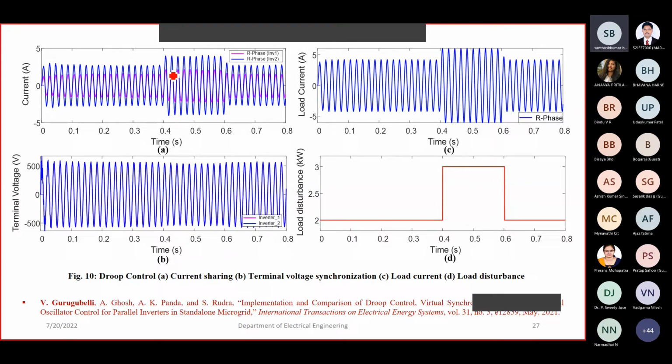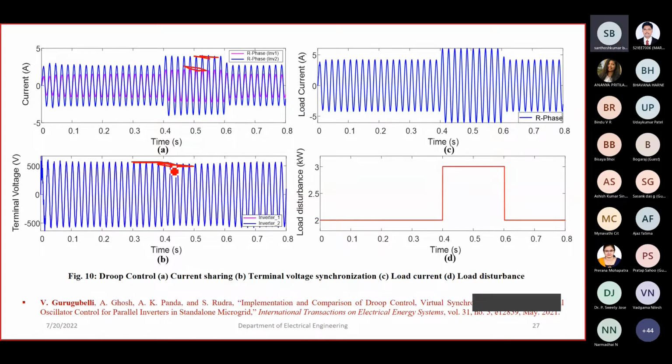That's why their voltage and frequency are the same, but their power sharing is different. Here you can see inverter 1 sharing less current and inverter 2 sharing more current. So based on the group coefficients, they will share the current, and you can see the voltages synchronize well.